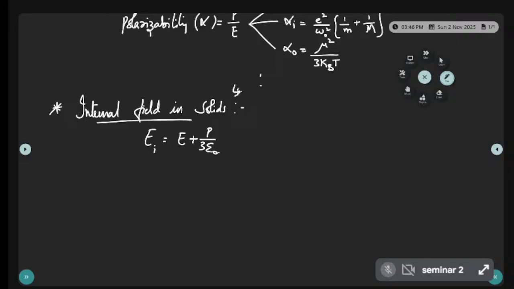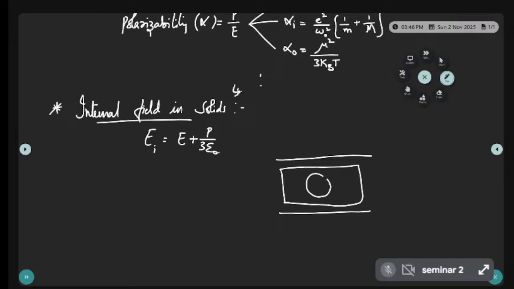Right. So this is an expression for internal field. Who gave this? Lorentz. Okay, just we take a dielectric material, where the dielectric material is kept between two plates. So the material contains atoms.